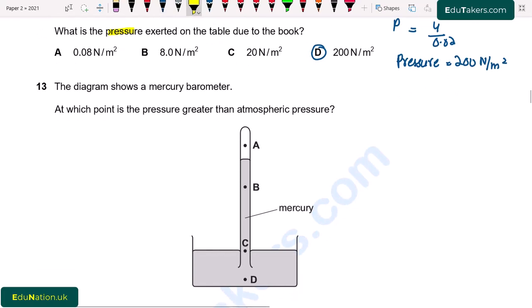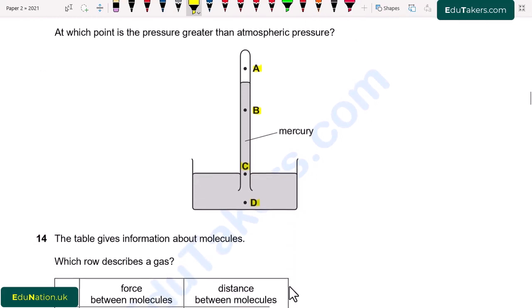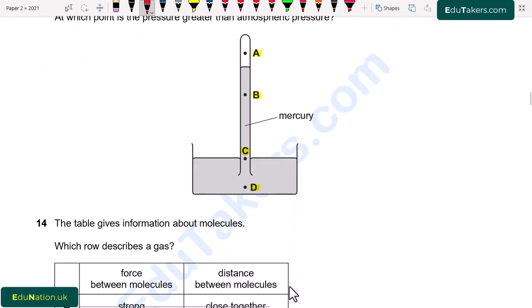Question number 13. The diagram shows a mercury barometer. At which point is the pressure greater than the atmospheric pressure? So here 4 points are shown, point A, B, C and D. We have to mention the point where the pressure is greater than the atmospheric pressure. From this figure we can see that point D is at the bottom while point A is at the top.